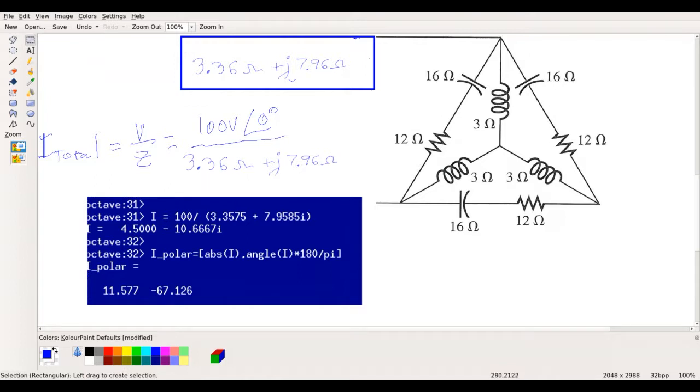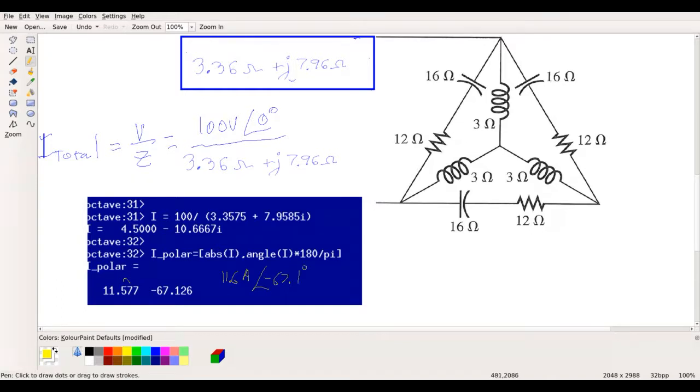So the answer is 11.57. All right, so again, the 7 will round the 6 up, so that would give me 11.6 amps at an angle of minus 67.1 degrees.